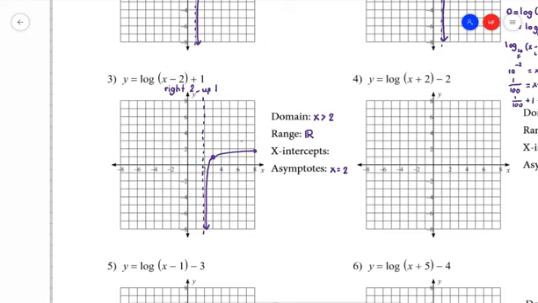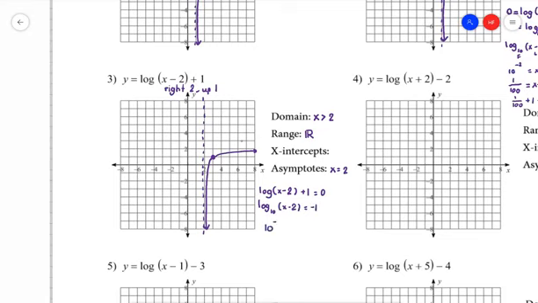And then to find the x-intercept, it's going to be a fraction. We can see it's not going through a perfect point there. So we'll take log(x minus 2) plus 1, set it equal to 0. Log, put the base in there, base 10, (x minus 2) is equal to negative 1.